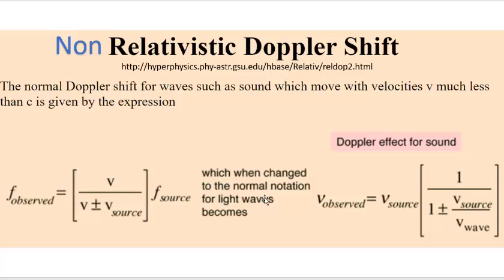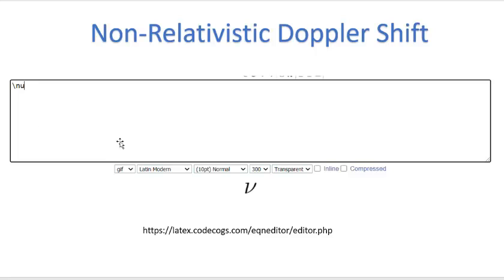But when you change to the normal notation of light waves, which is the standard language for light waves, they use this symbol here instead of an F for frequency. They use something called nu.